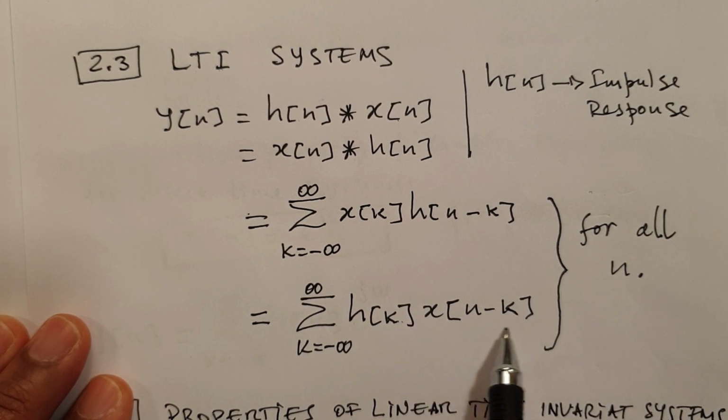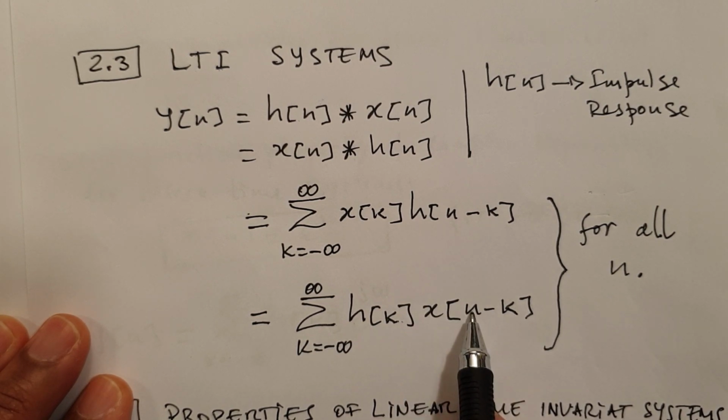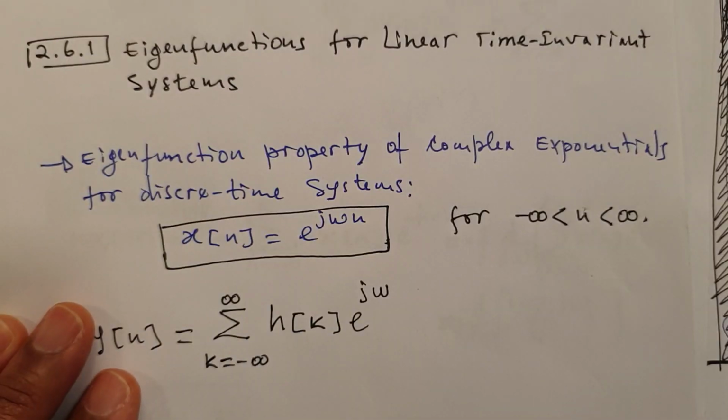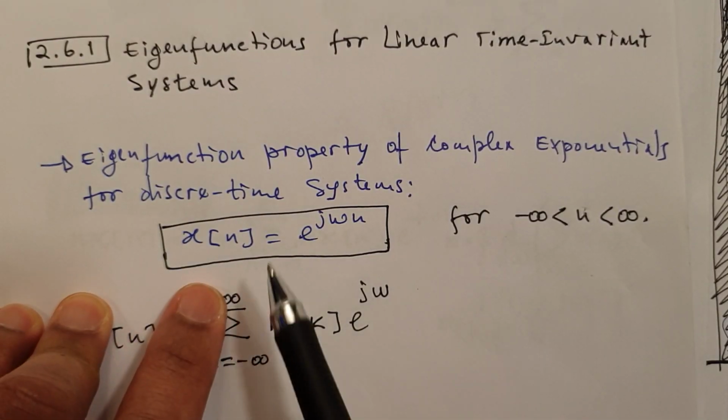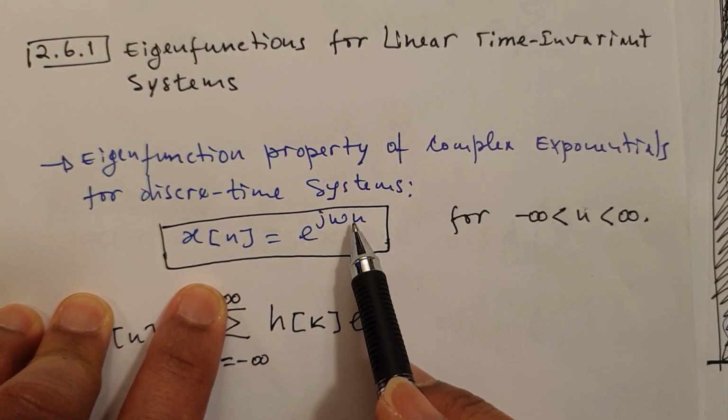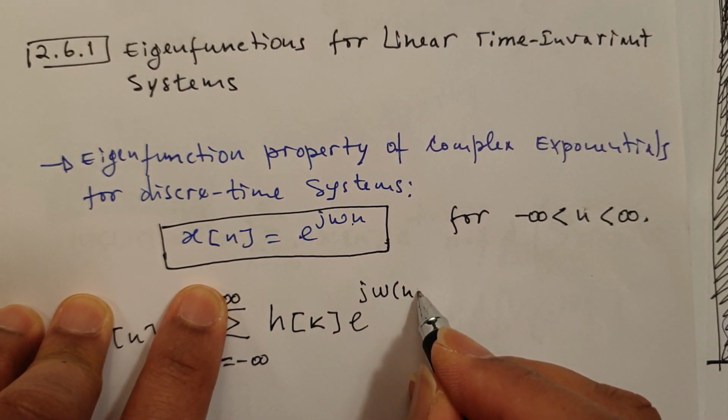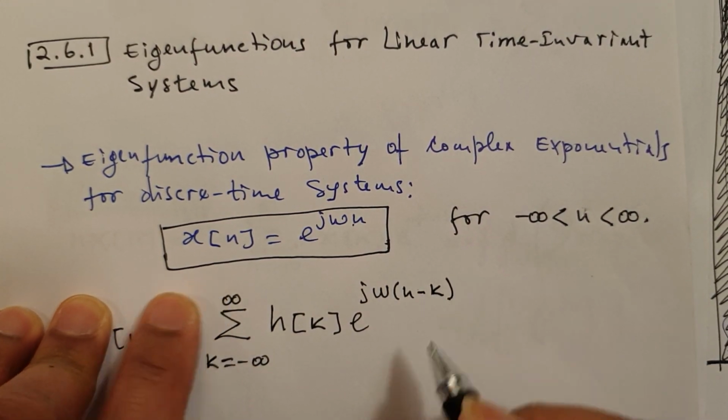Now the input is, instead of having n, I will have n minus k. So my input here was e to the j omega n, and I will replace n by n minus k.